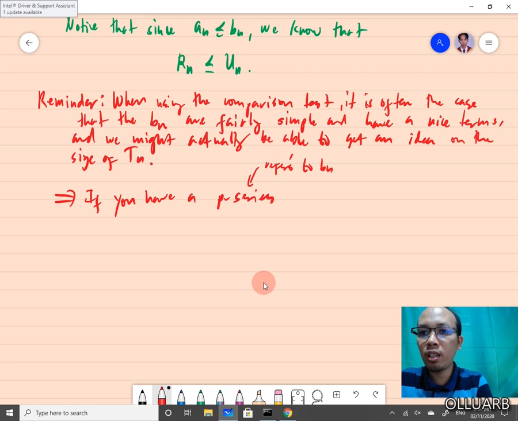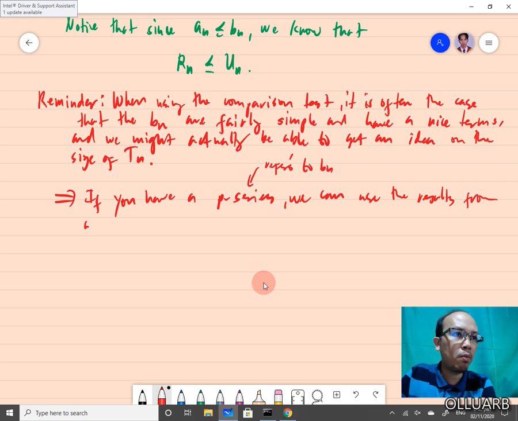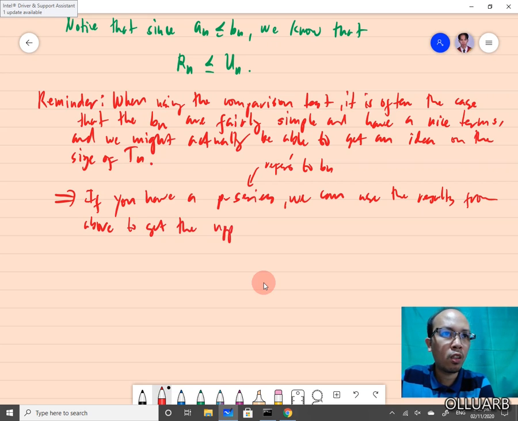If you have a p series, we can use the results from above to get the upper bound on u sub n as follows.